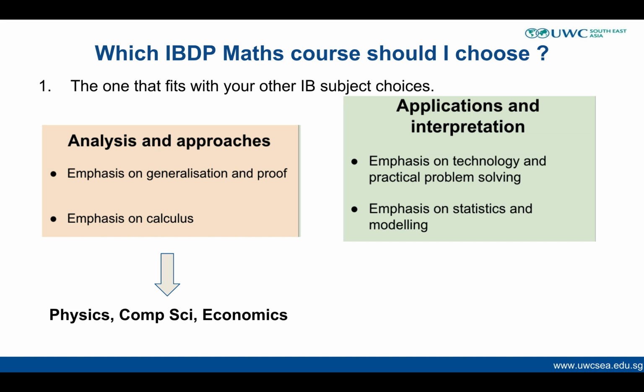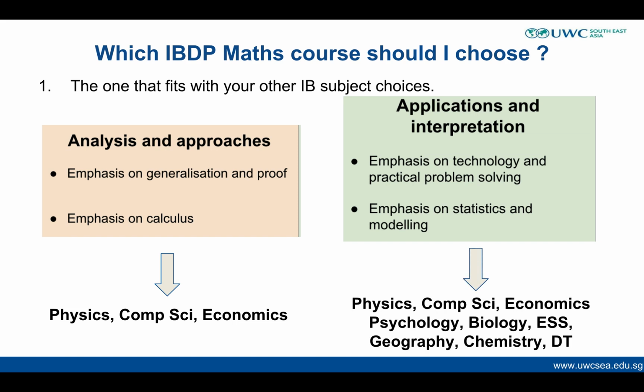Of course, even if you choose other subjects for your IB, you can still take analysis and approaches. Application interpretation, certainly a broader fit with many other subjects. But again, application interpretation doesn't exclusively go to those subjects. Analysis and approaches isn't exclusively set to physics, comp sci and economics.